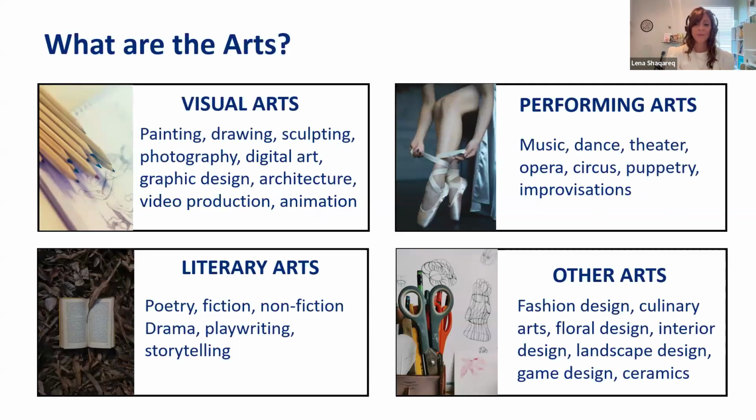When we think of the arts, we tend to think of more of the common forms such as painting, music, and drama. That's what we usually go to. But the arts can encompass a lot more than that. You have the visual arts that include things such as painting, drawing, sculpting, photography, digital art, graphic design, even architecture, video production, and animation are some forms.